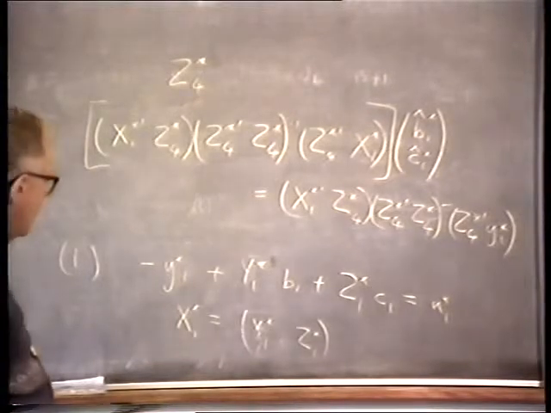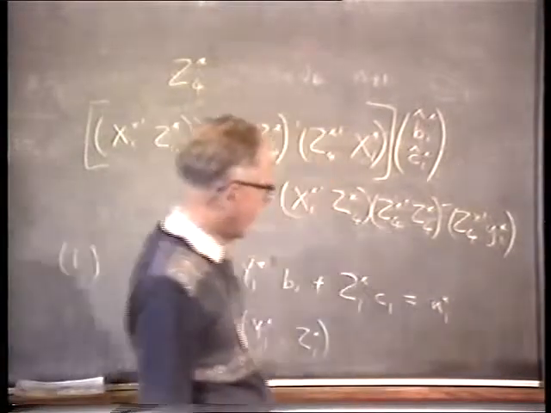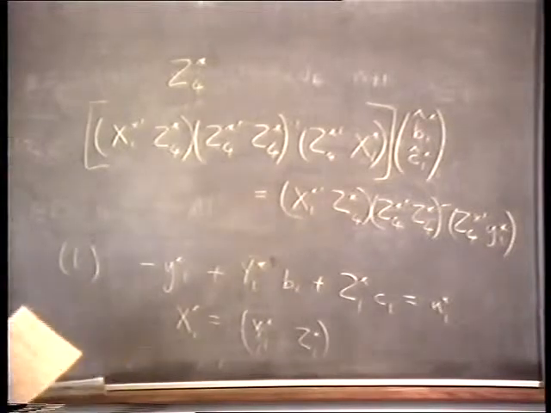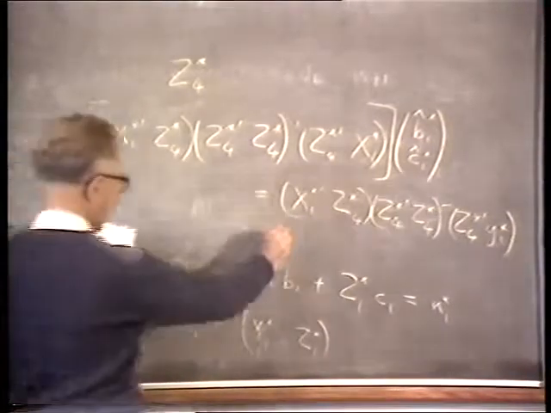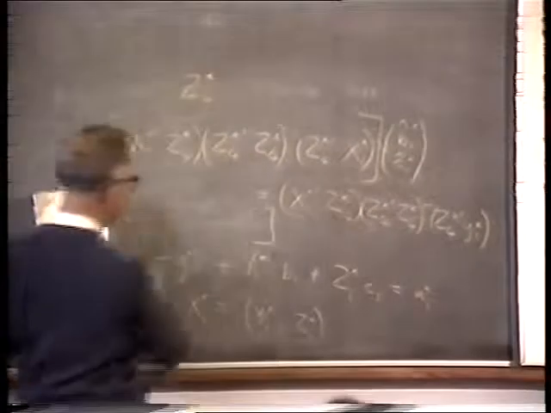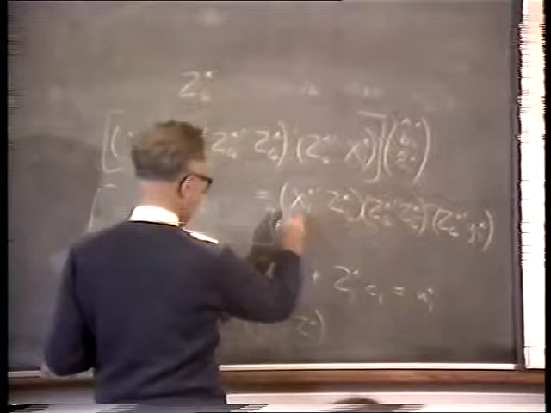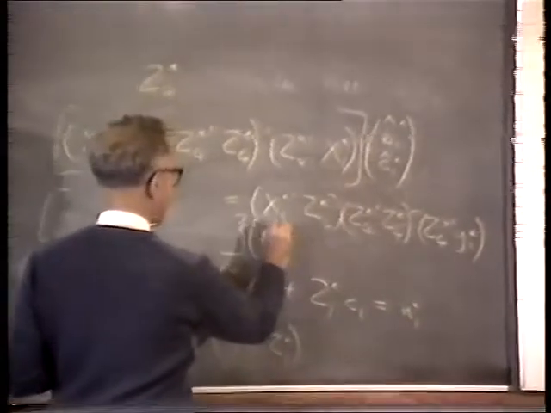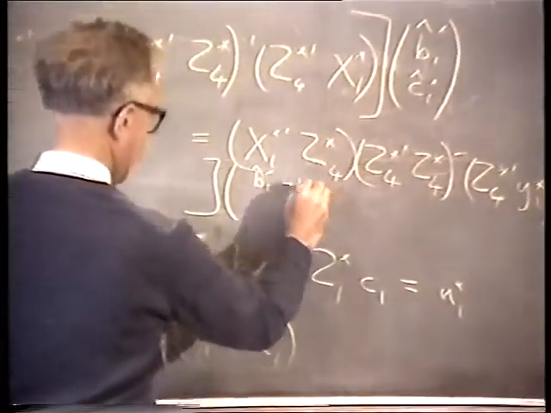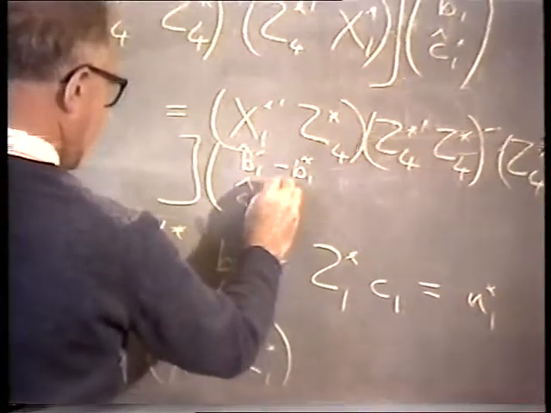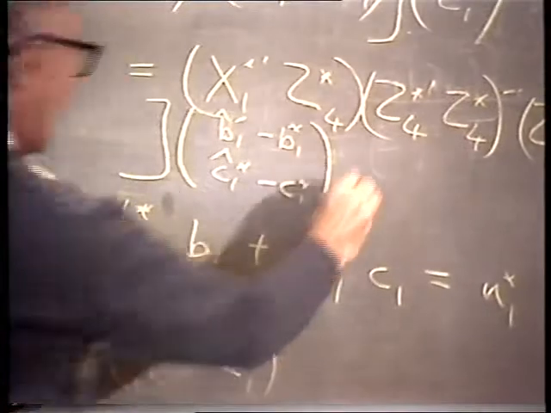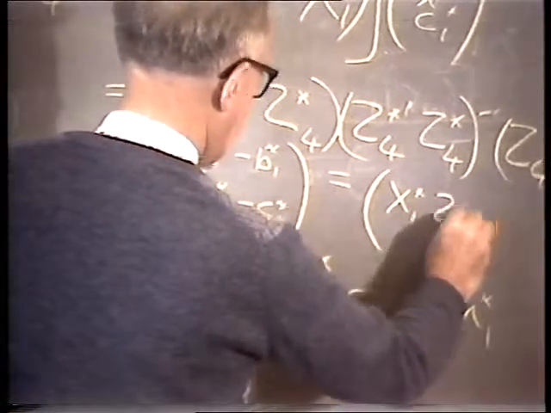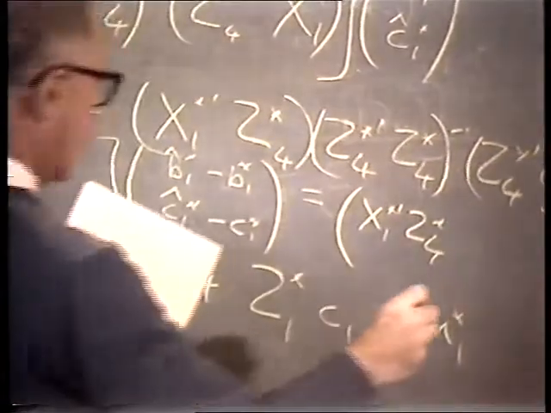That one gets by simply substituting what y1 star is from equation 1 into here, and then in the usual way one can take everything over to the other side, and if I can simply say repeat what we have in large square brackets here, and then multiply this by, and we now have the errors b1 hat star minus b1 star, c1 hat star minus c1 star, and then on the other side the only change is that we replace the y1 star by the u1 star.